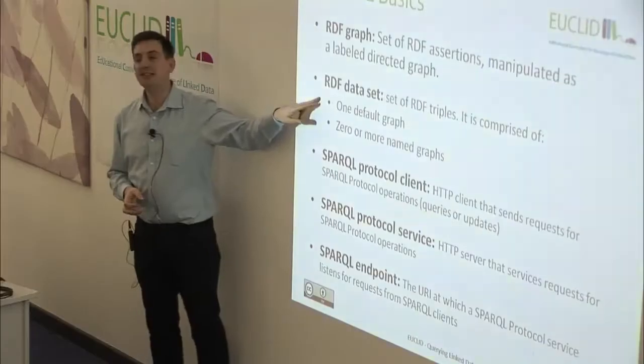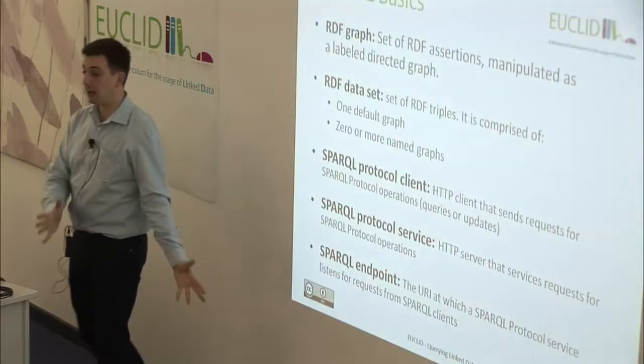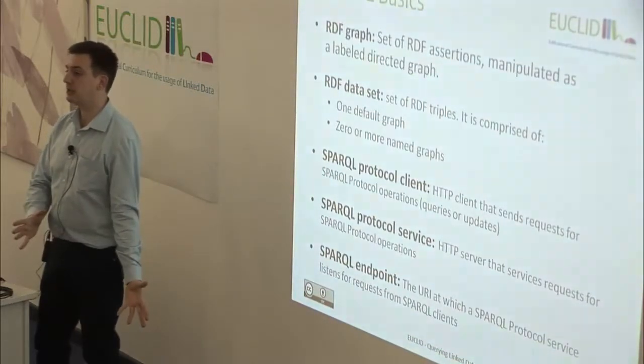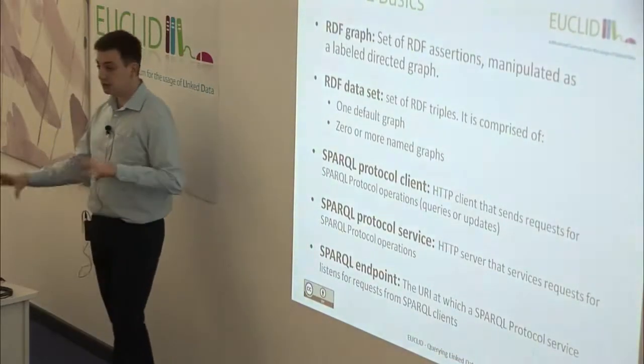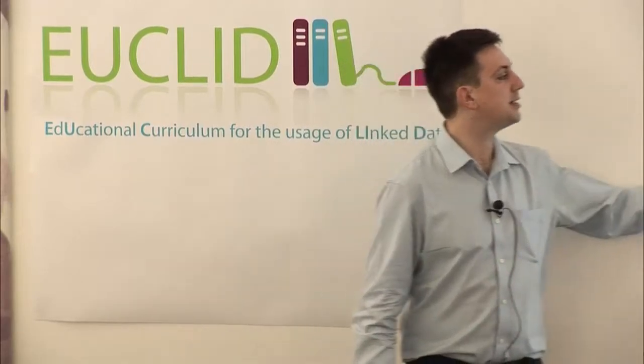Now, a data set, which is what a store manages, is actually made up of several graphs. So if we put things into named graphs, you have triples within those named graphs. What it also has is one default graph. So you have triples that don't have a named graph as a container.